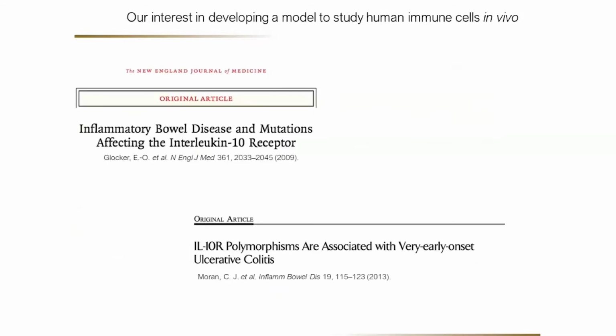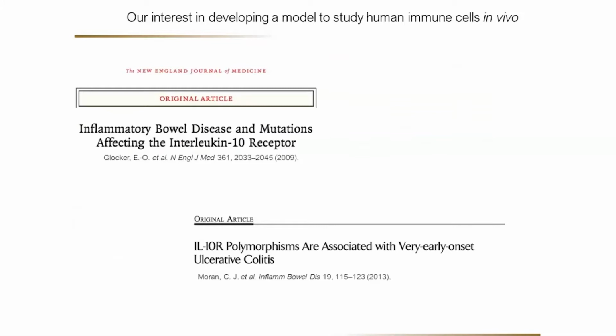And in pivoting back to the IBD world, one of the reasons that really launched us into getting interested in using immune humanized mice to study IBD was because the postdoctoral advisor that I was working with, Scott Snapper, had been involved in trying to define monogenic disorders that were the cause of infantile or very early onset IBD. They had identified mutations in the IL-10 receptor and IL-10 as well that were sufficient to cause disease.